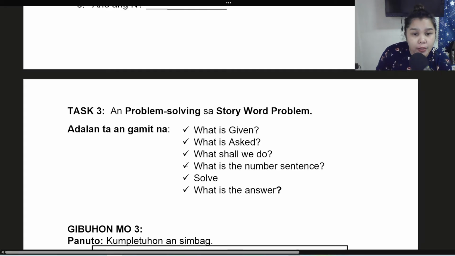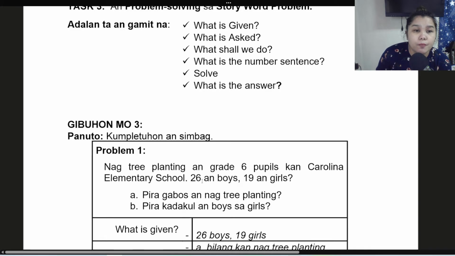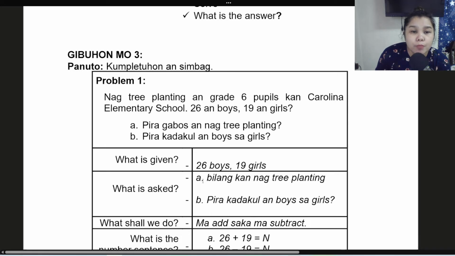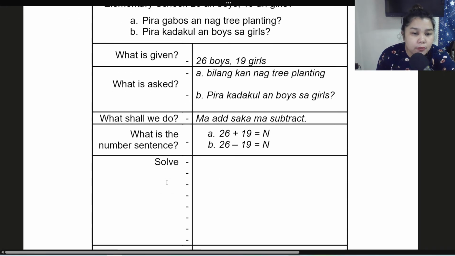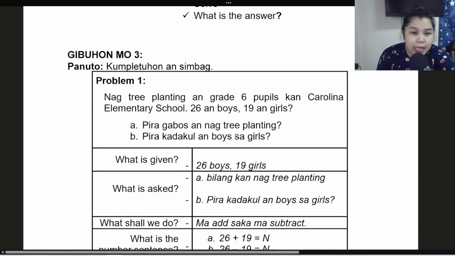So we have here the important terms: the given, the asked, what shall we do, or the operation, whether subtraction or addition, the number sentence, solve, which refers to the solution, and then the complete answer. For Task 3, you need to complete this. Some parts of the answer are already filled in.